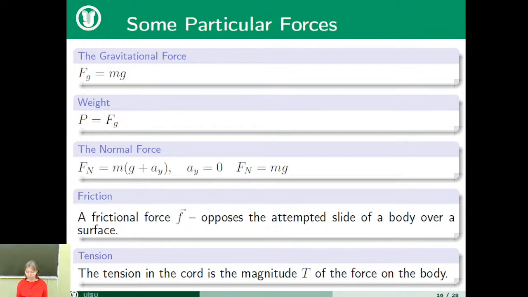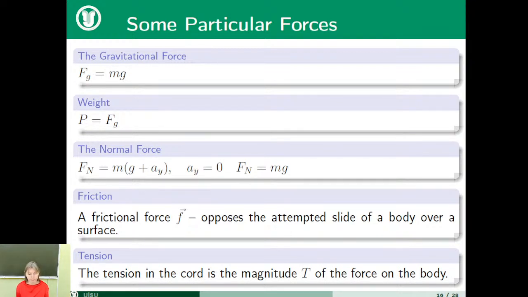At the table and the block, if the table and the block are not accelerating relative to the ground, then ay is equal to 0 and Fn equals only the product m and g.